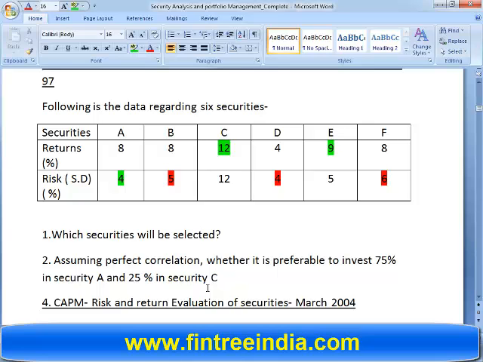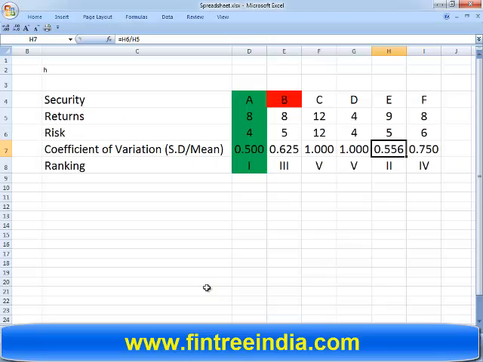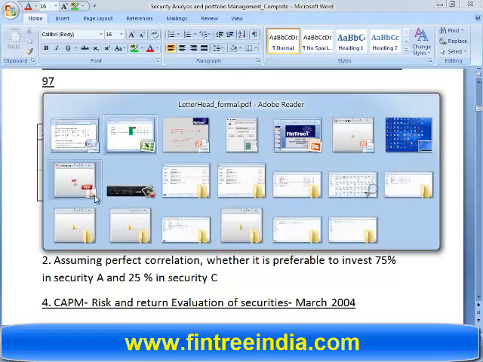And then say standard deviation of portfolio in bracket A and C.